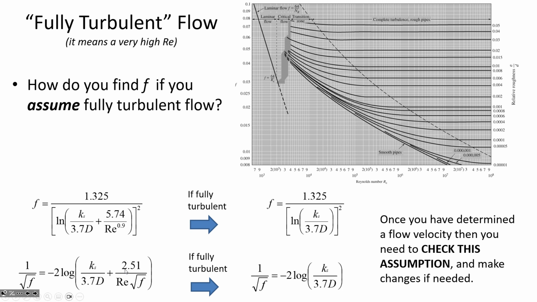But in other cases, that won't be true. And you'd have to do a second set of calculations with updated f values that are based on the velocities you determine. So we've done this method of assume, calculate, correct on several prior occasions, and we're going to do it today as well.